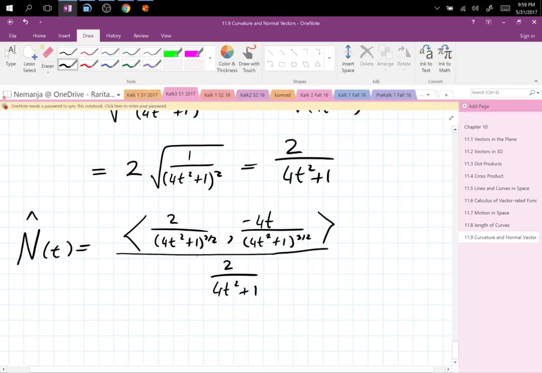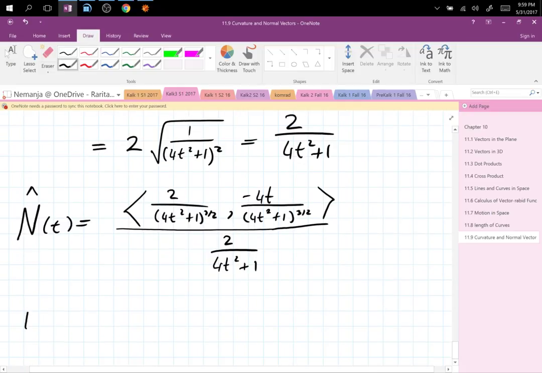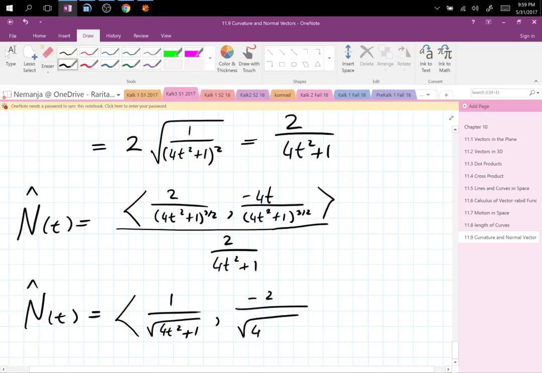Now, these guys cancel, right? So the normal vector now becomes 2 and 2 will cancel, and these guys will cancel, leaving us with 1 over square root of 4t squared plus 1, and then negative 2 over square root of 4t squared plus 1. It's right there. It's just red.